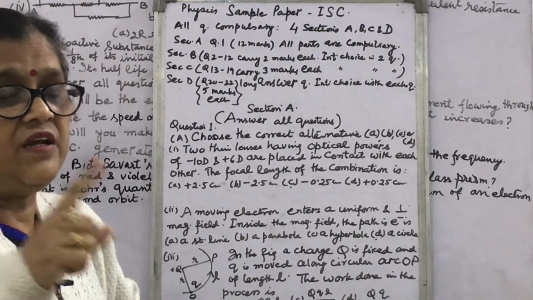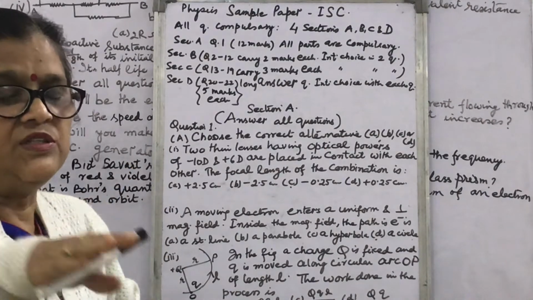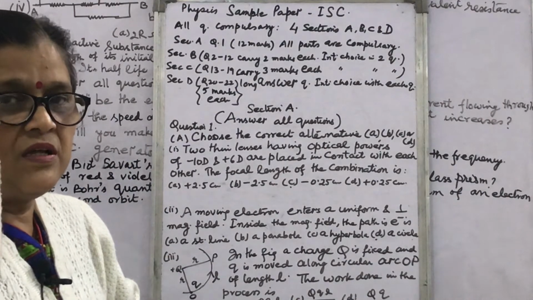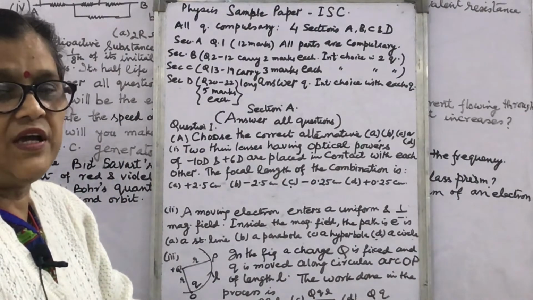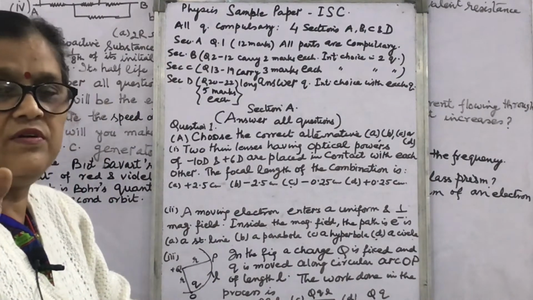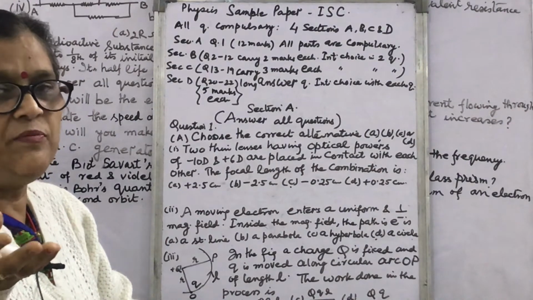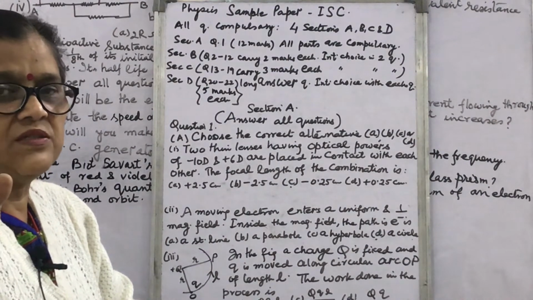Optics, earlier 18 marks, is now 20 marks. Then dual nature, atoms and nuclei is 13 marks, and semiconductor is 7 marks.